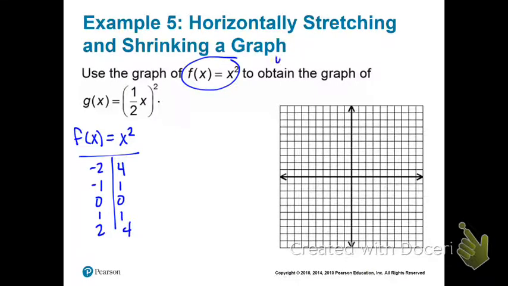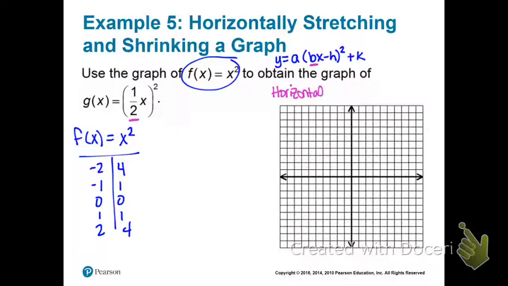Remember, this is a quadratic, so our general form is y equals a times b x minus h squared plus k. Now the only thing we have going on in this new one is that 1/2 inside beside the x. So that is my b. Because it's inside with x, it's going to be horizontal. It's being multiplied, which means it's going to be a stretch or a compression.